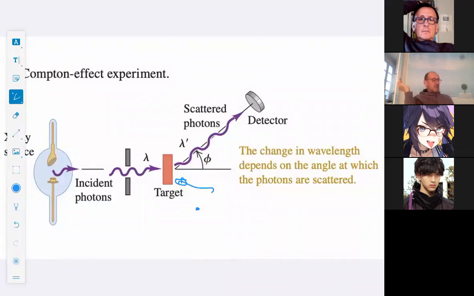So it's essentially a free electron. And other electrons are very tightly bound to each of the nuclei. From the practical point of view, those electrons that are going to be impacted by the X-rays, in practical terms, have a mass that is infinity.